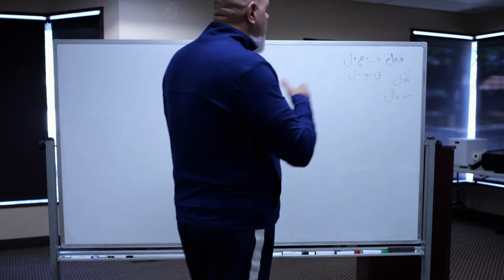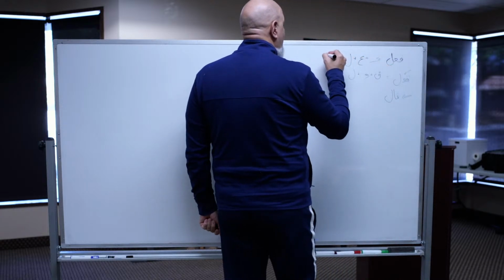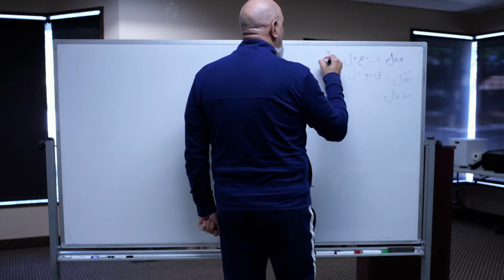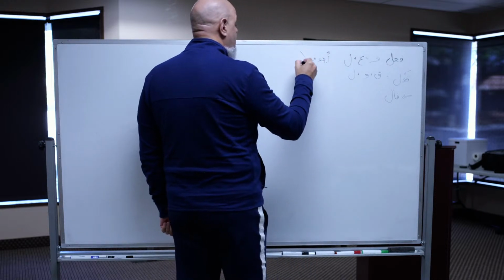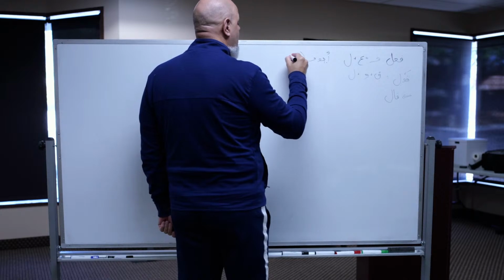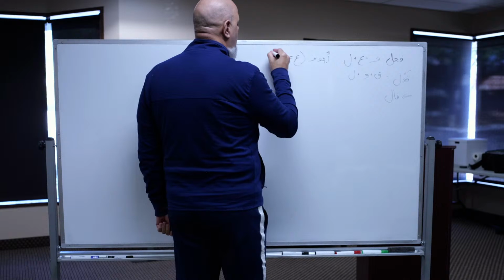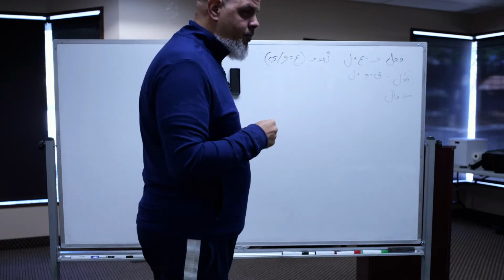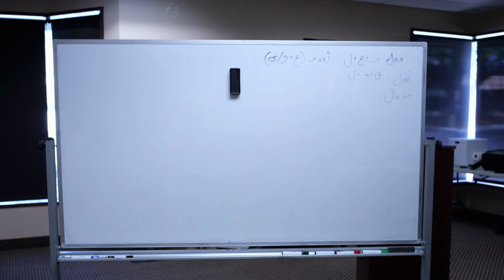The root is a waw. So for those that are ajwaf, it means that the ayn is going to either be a waw or a ya for its middle letter. And so those are going to take a certain kind of conjugation, and they will be very formulaic.